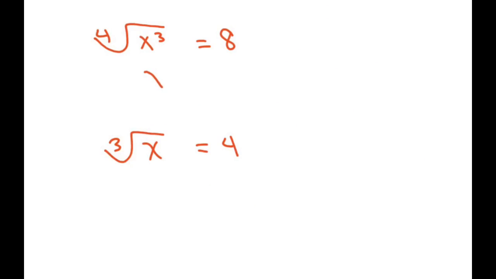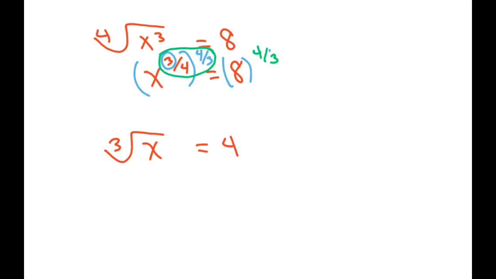Same thing with this one, x to the 3/4 equals 8. I'm going to write this as 4/3. There's only one solution because my n is 3. Whoops, it should be 4/3. Sorry about that. So this just equals 1.